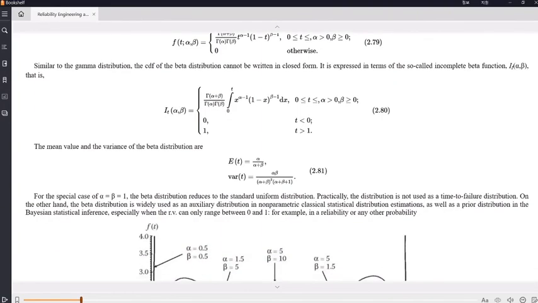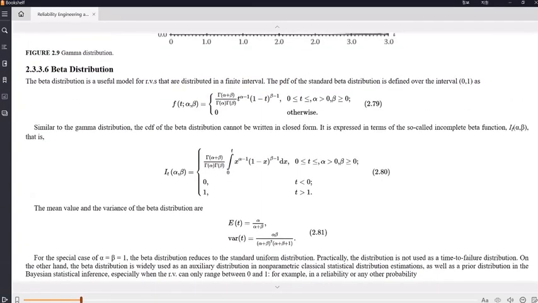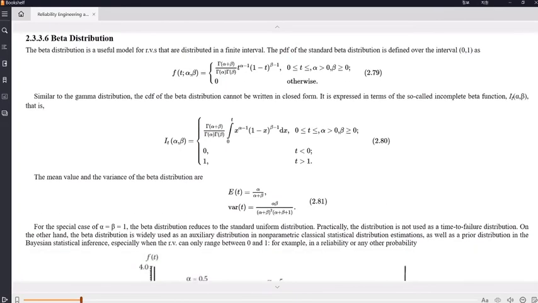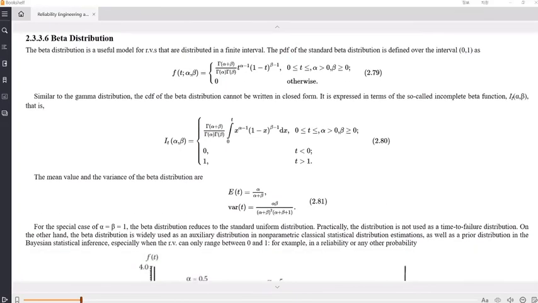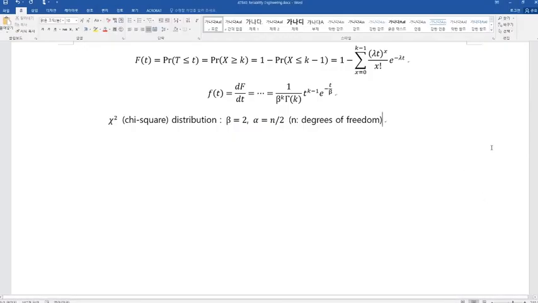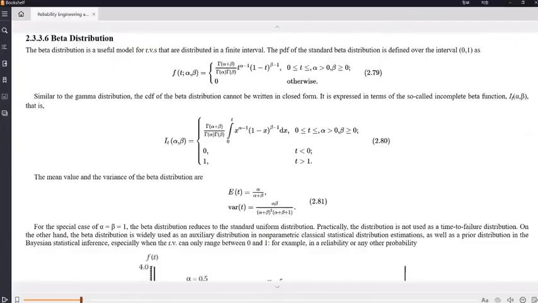So next one is the beta distribution. Let's first read some text in our textbook.